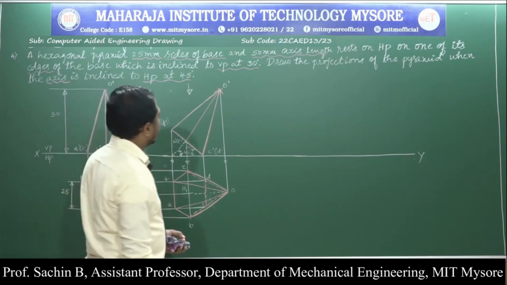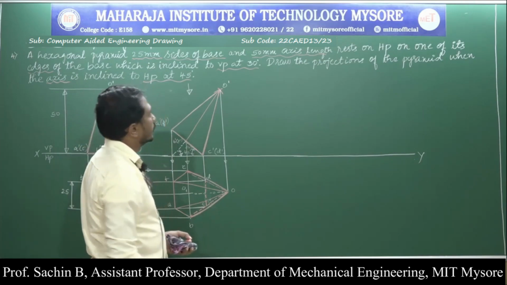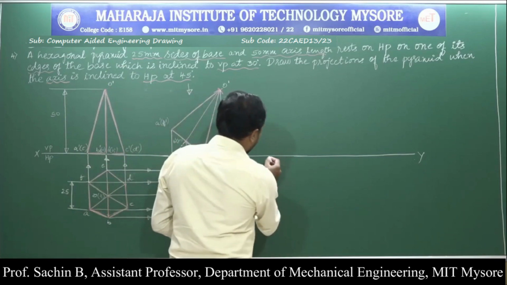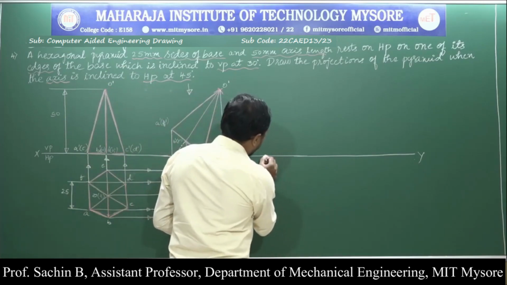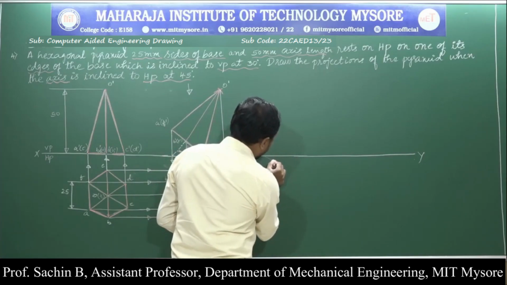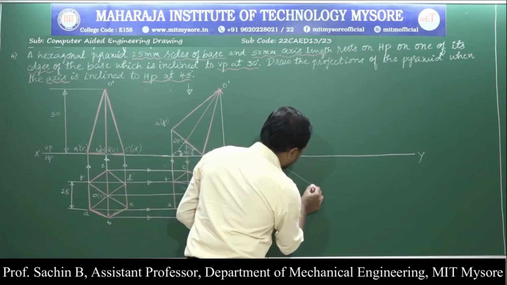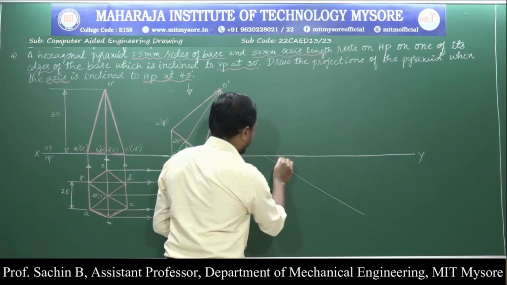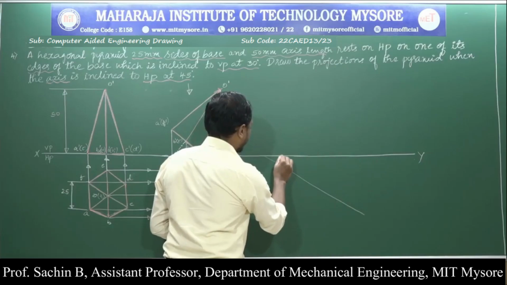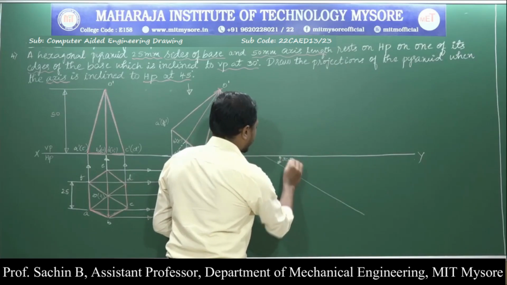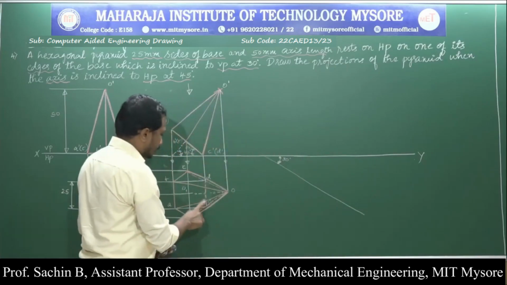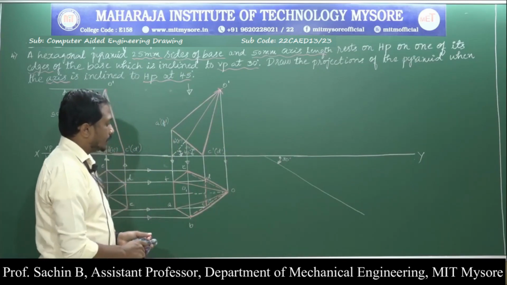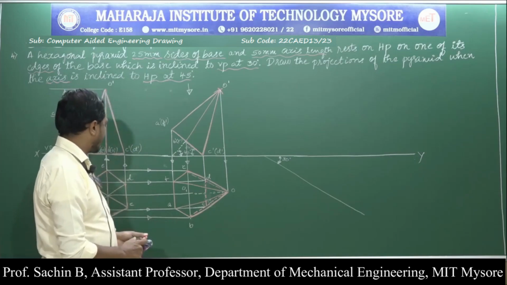Based on that, the resting inclination with VP they have given is at an angle of 30 degree. Now I'll draw a thin inclined line at an angle of 30 degree. Now I'll come to the C to D point, the resting edge.